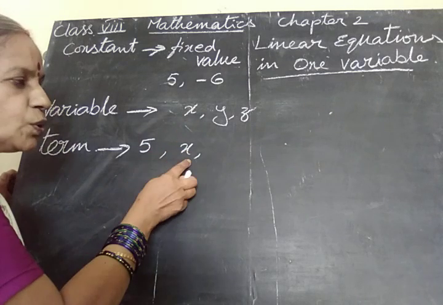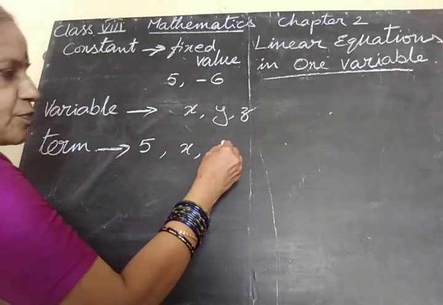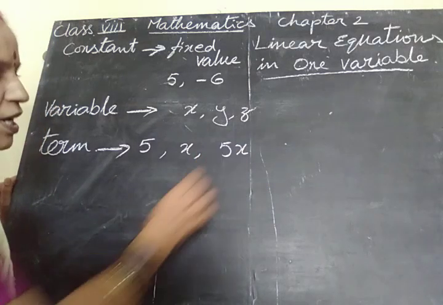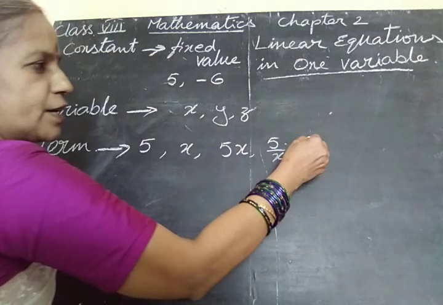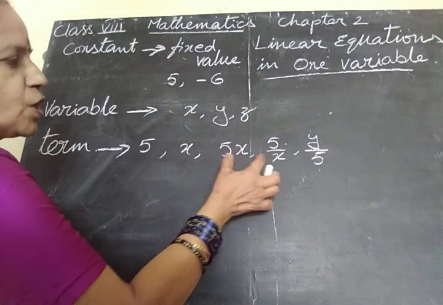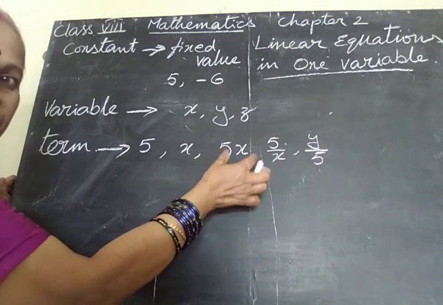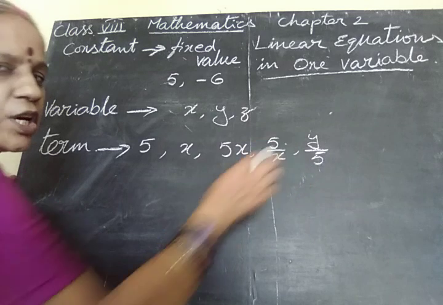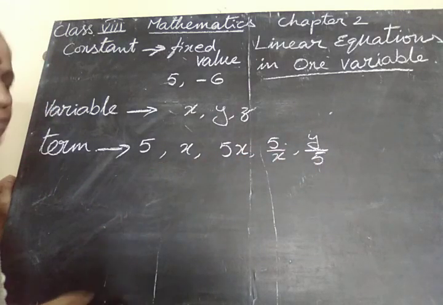And when these two combine, the product of 5 and x, 5x, is a term, and 5 by x is a term, or y by 5 is also a term. The product or quotient of a variable and a constant are all called terms. Clear, children?